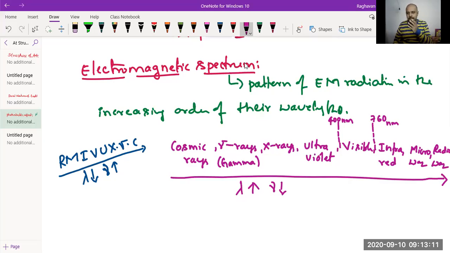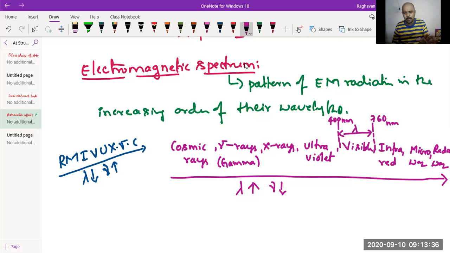The radiation whose wavelength ranges from 400 nanometer to 760 nanometer can only be seen by naked eye. Any radiation beyond these two limits can't be seen.